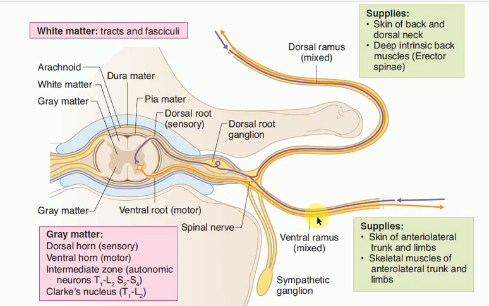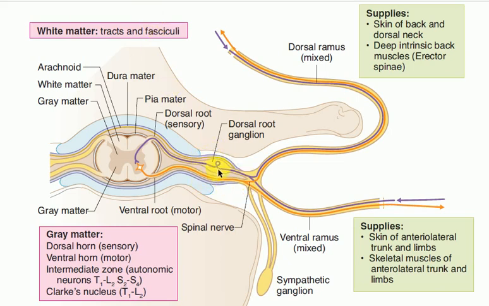So each spinal nerve is a mixed nerve. It contains both sensory fibers as well as motor fibers. Therefore, each spinal nerve consists of 2 roots. One is the dorsal root and one is the ventral root. The ventral root contains the motor fibers, and the dorsal root contains all the sensory fibers.